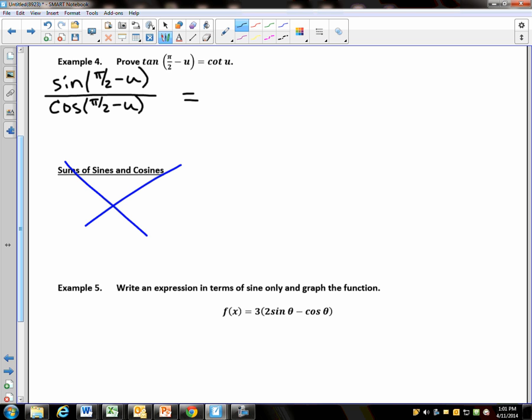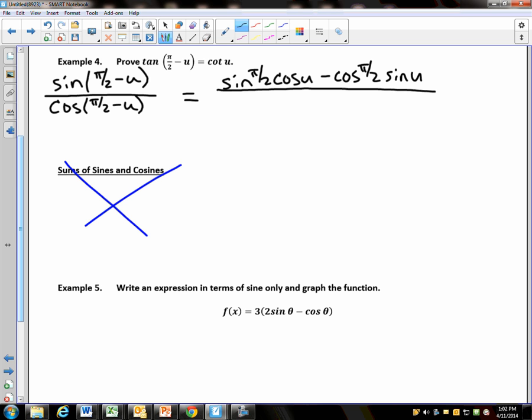This is a difference formula for sine, isn't it? We learned that yesterday. We take the sine of pi over 2, and then what comes next in the formula? Cosine of u, and it's a minus, and then I do cosine of pi over 2, and I do sine of u.